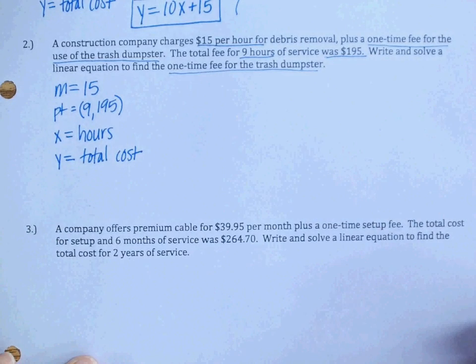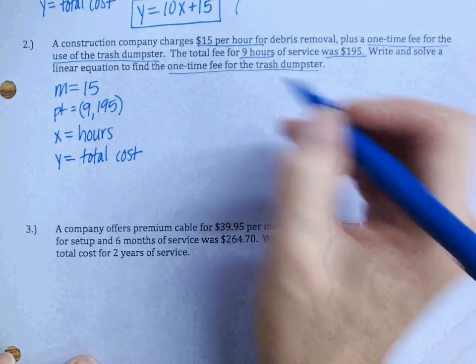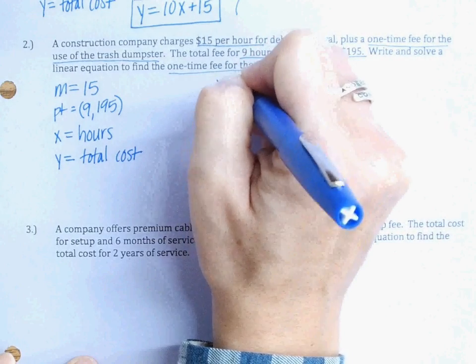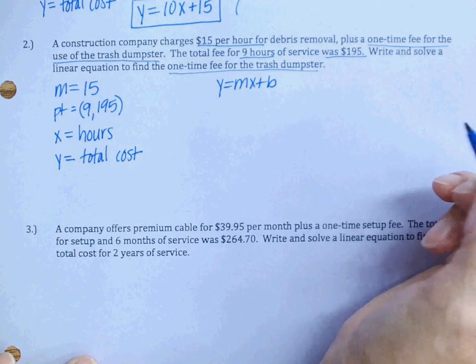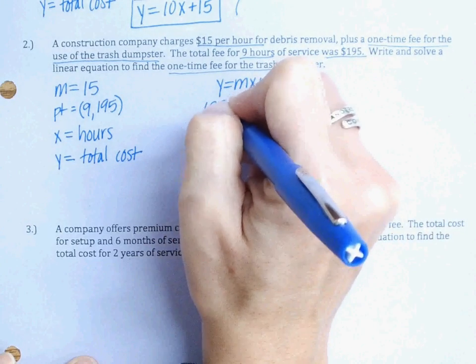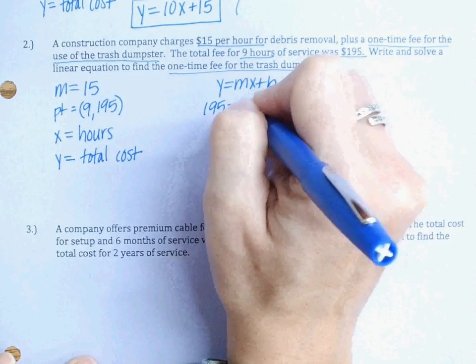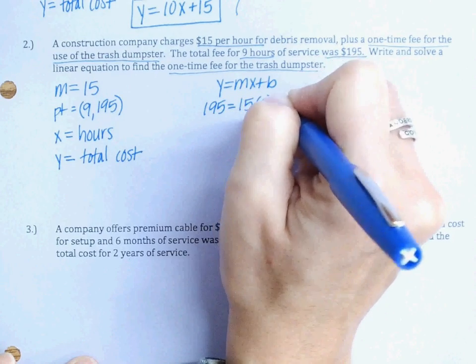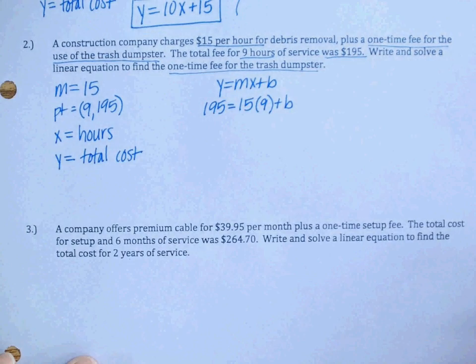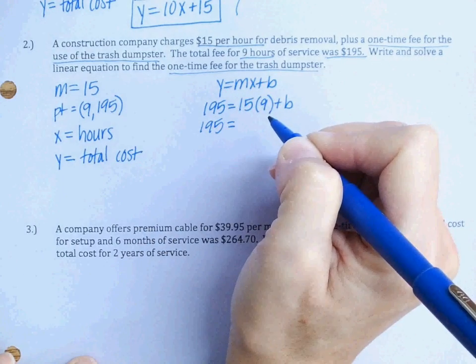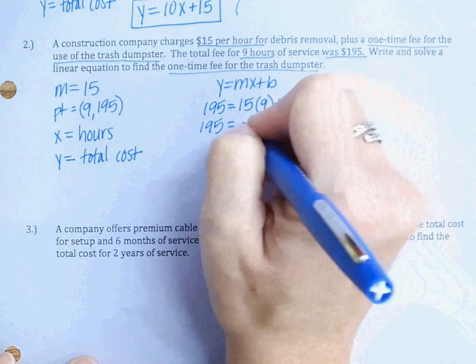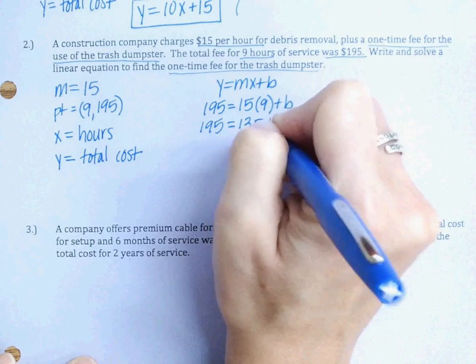The next thing that we're going to do is create that equation. It will be in y equals mx plus b form. That's our goal. We know y. Y is 195. M is 15. X is 9. And we're solving for b. 9 times 15 is 135.